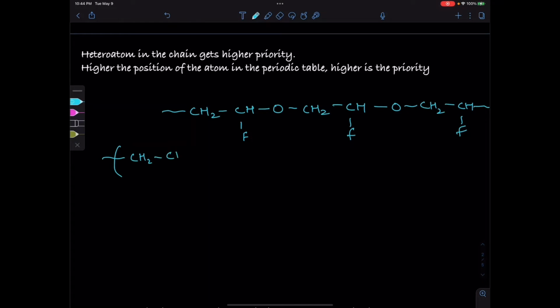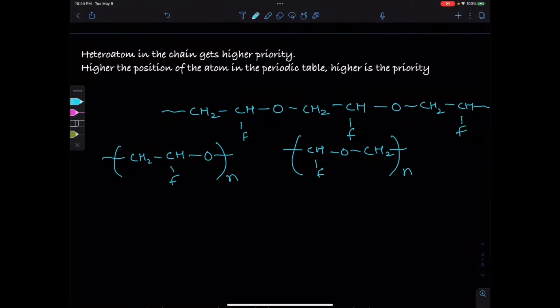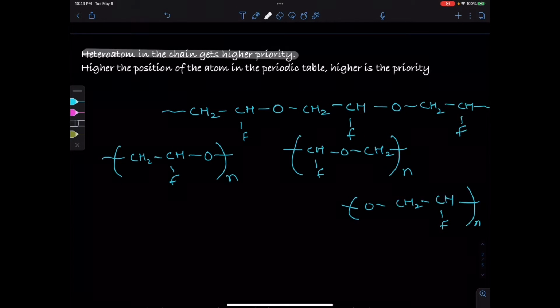We could write it like this, or like this, or like this. Which one is right? The rule says the heteroatom in the chain gets higher priority, which means we want to start with the oxygen atom.